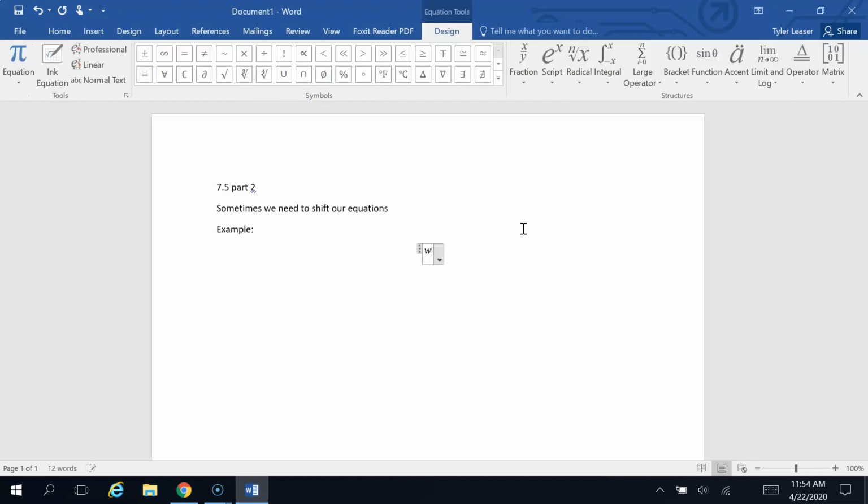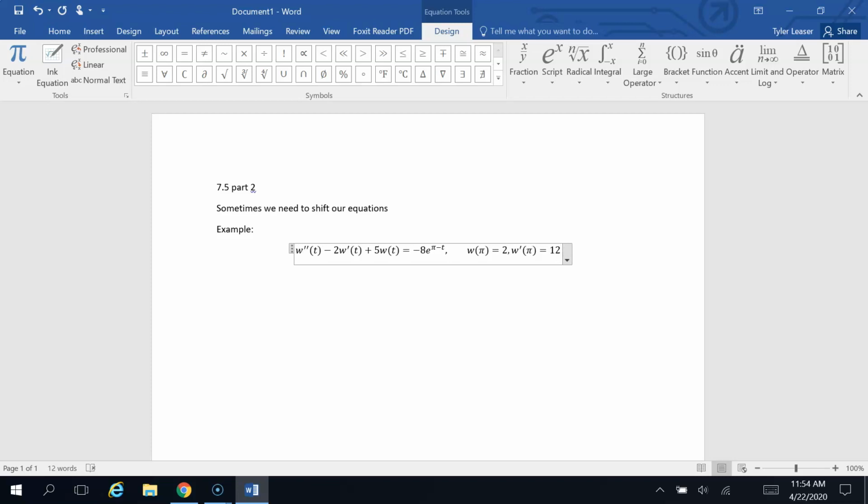Let's say we have w double prime of t minus 2 w prime of t plus 5 w of t is equal to negative 8 e to the pi minus t, with initial conditions w of pi is equal to 2, w prime of pi is equal to 12.